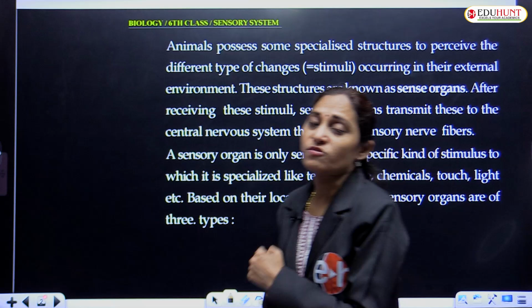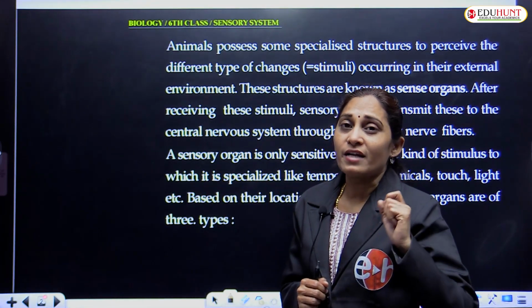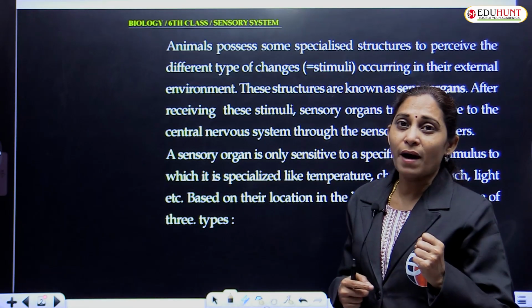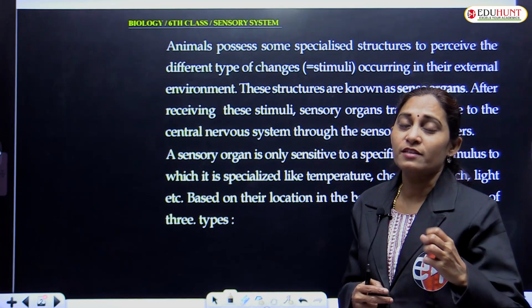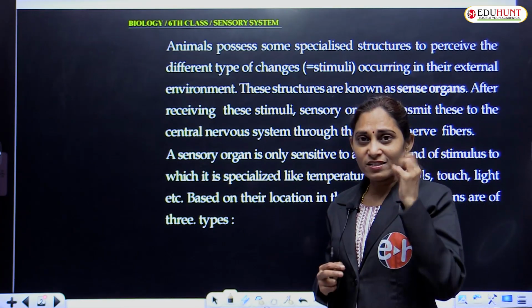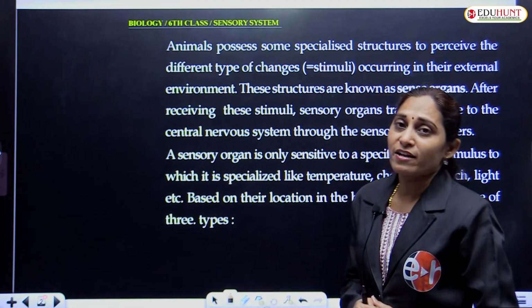This is called signal transduction. Anyway, the stimuli, whether external or internal, will be received by the receptors. Receptors are like antennas. They receive the signals, and these signals are transmitted to the site of action.